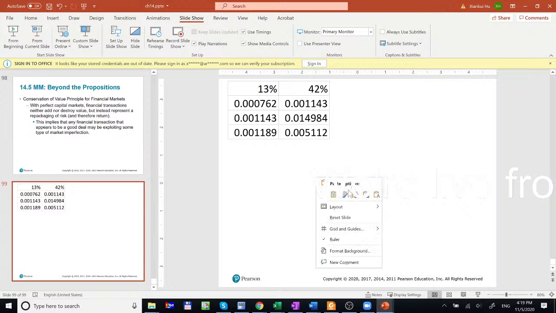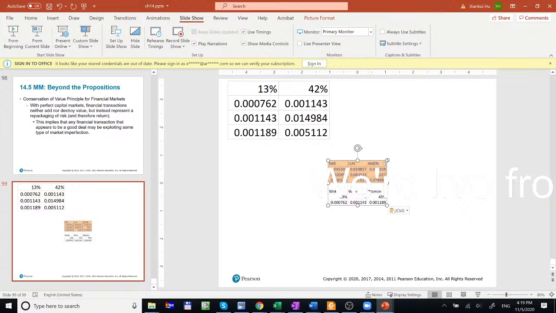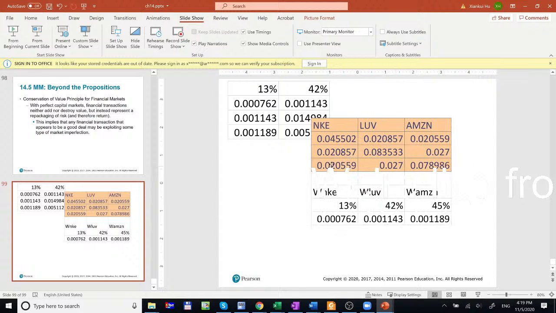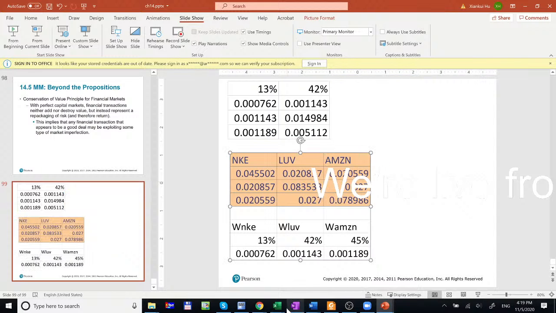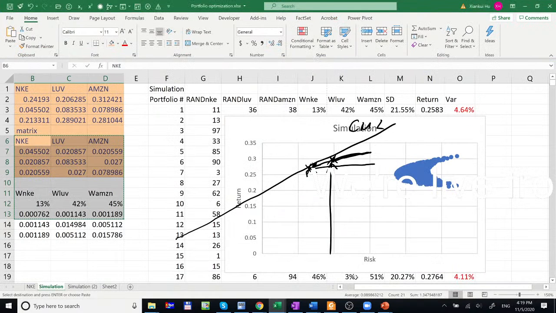And paste right here. So this is still not what we want. Copy.